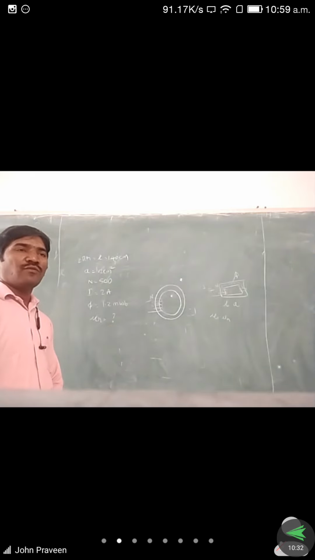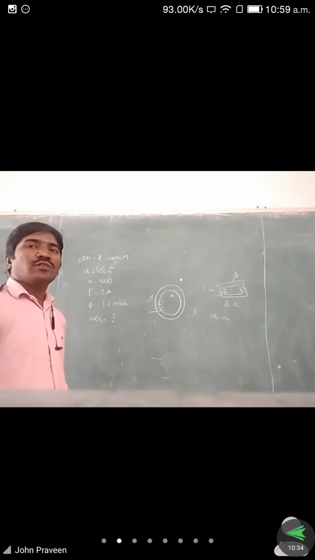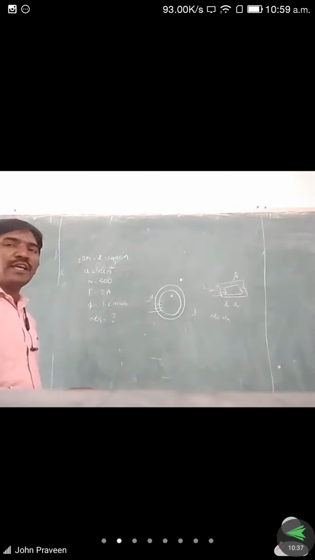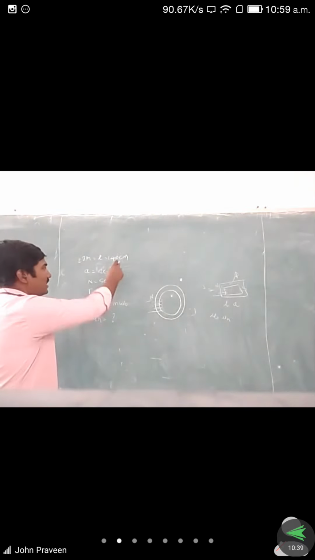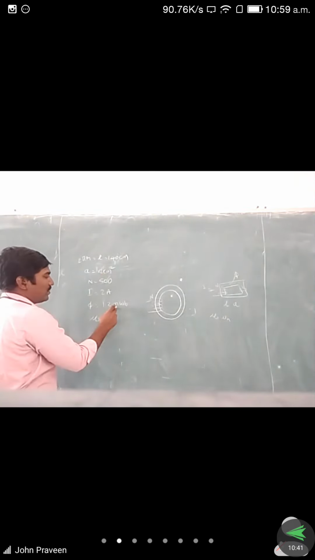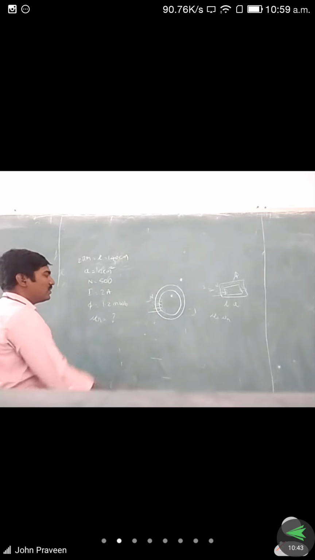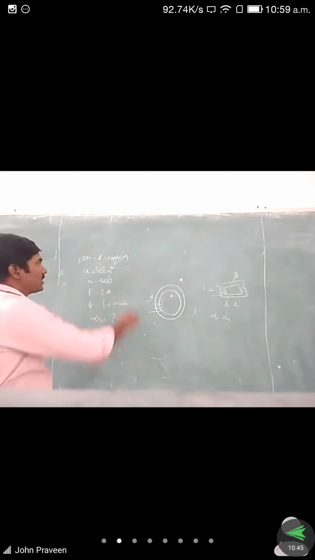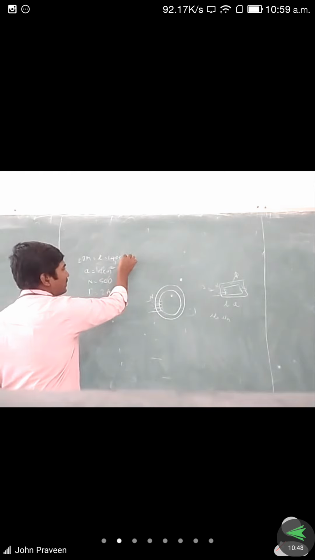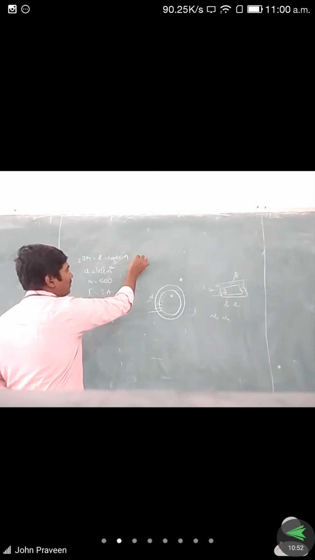First, whatever the problem has given, we keep all the units in a proper manner. This is in centimeters and there is a milliweber, so we will convert into the highest unit. To convert centimeters into meters, it should be multiplied by 10 to the power of minus 2.